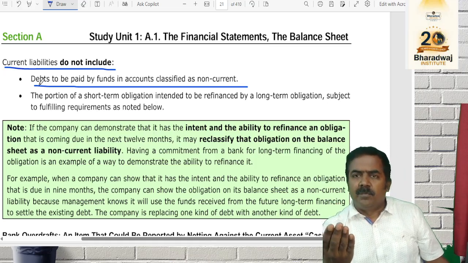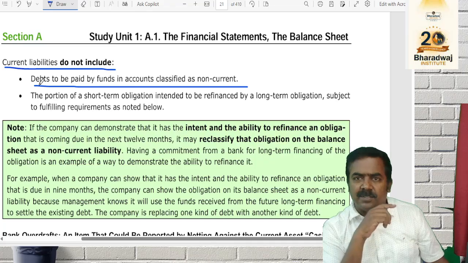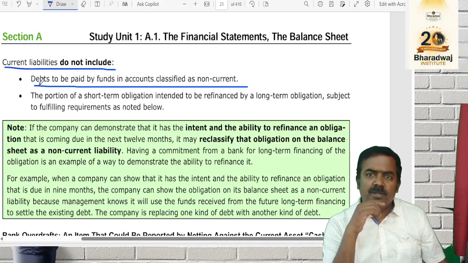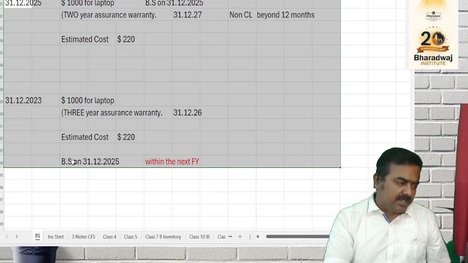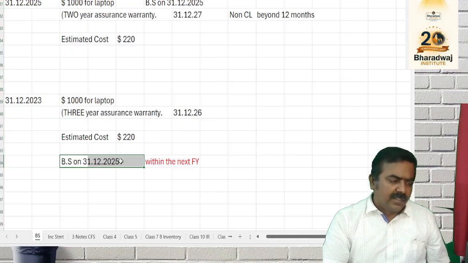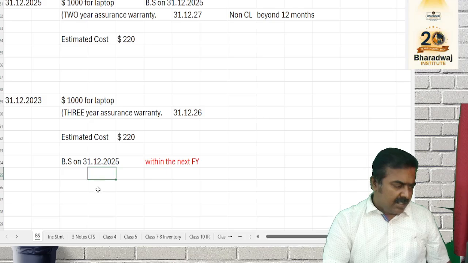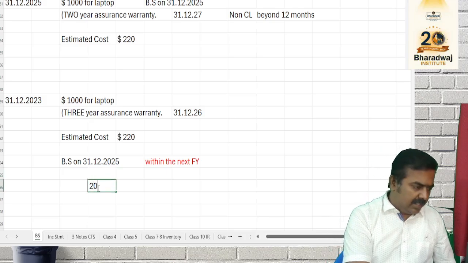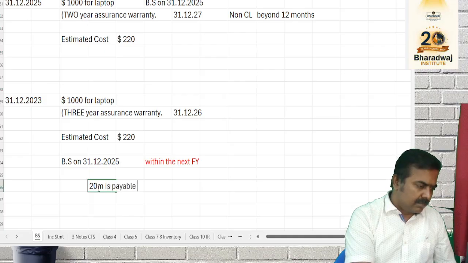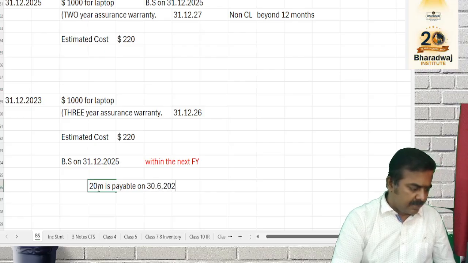Listen, I borrowed 20 million from you for 6 months. As on the balance sheet date, that 20 million is repayable on, let's assume, 30th June 2026.